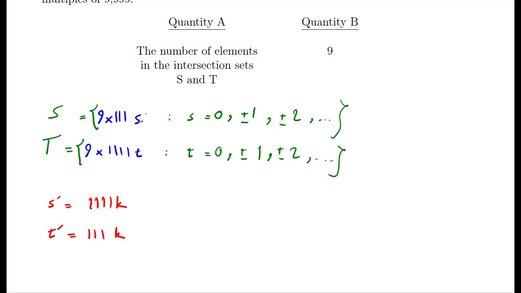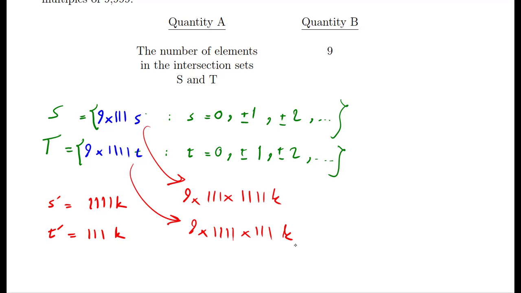If I put s prime in here, these numbers would be 9 times 111 times 4 times k. Here, this is 9 times 4 times 111 times k. And these k's can be equal together. If they are equal together, then these numbers are in both of these sets.